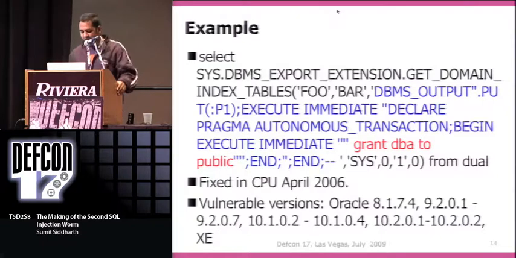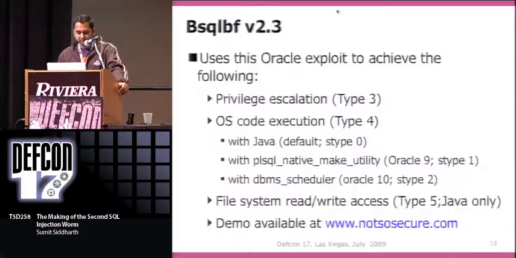So we've declared this transaction with AUTONOMOUS_TRANSACTION because we want to make it independent. This was fixed in 2006. There is yet another PL SQL injection in the same function, and this has been reported by Alexander Kornbrust, but I'm not going to be talking about this, maybe in the next DEFCON. And these are the vulnerable versions which will be affected.